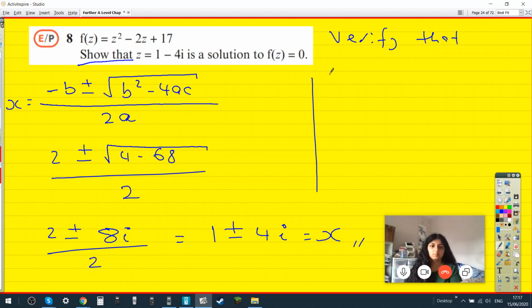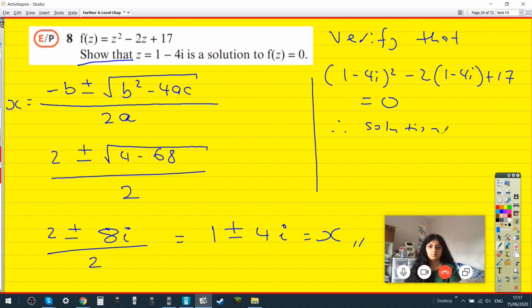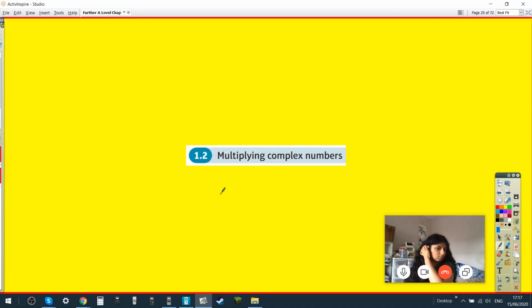To me, the obvious thing to do for this one is to just do 1 minus 4i squared minus 2 times 1 minus 4i plus 17 is equal to 0. Therefore, it's a solution. But I believe that would be 0 marks because it's not verified. It's show that, even though that does show it.